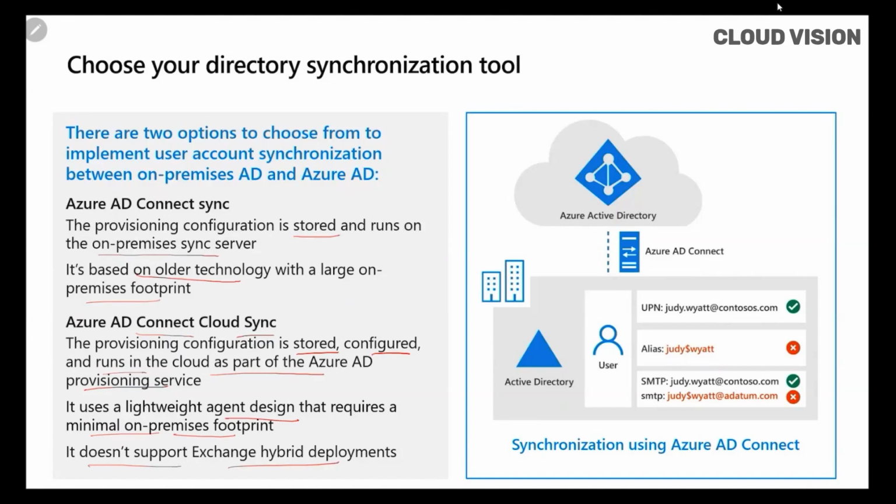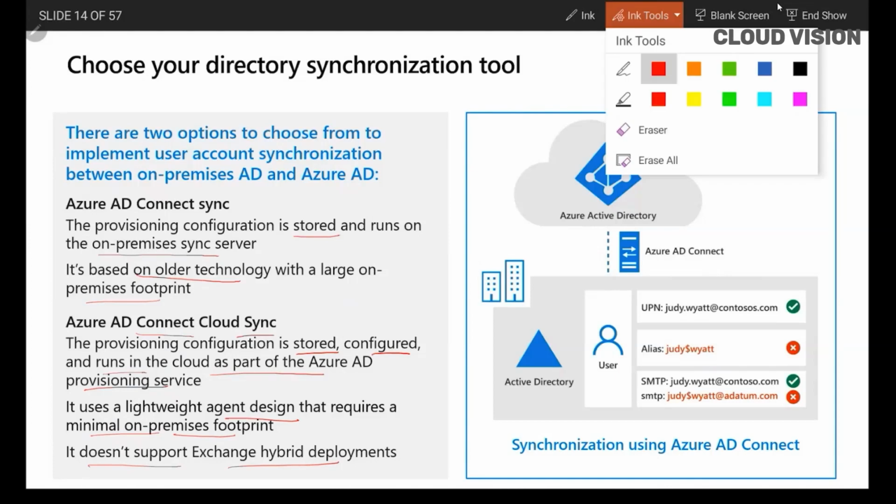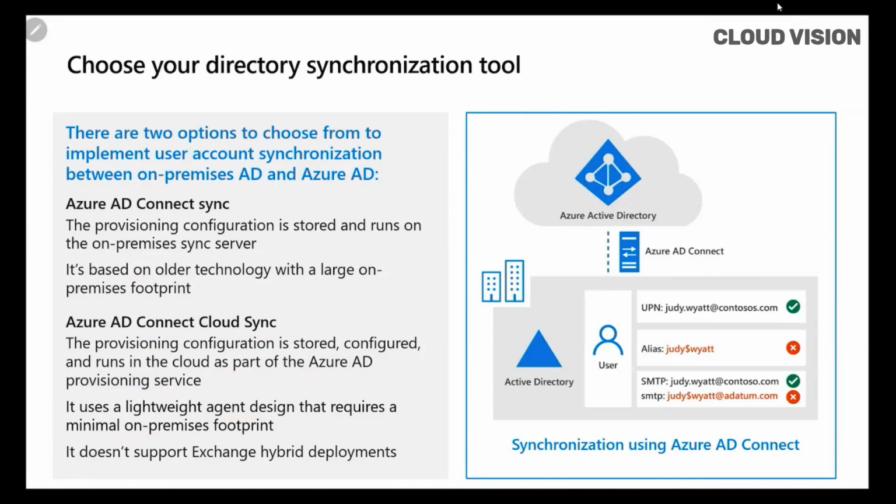If you want to set up an Exchange hybrid deployment with your Exchange 2010, 13, 16, or 19 server, one of the prerequisites is to have directory synchronization. That directory synchronization can only be achieved using the Azure AD Connect Sync tool. You cannot use Azure AD Connect Cloud Sync.